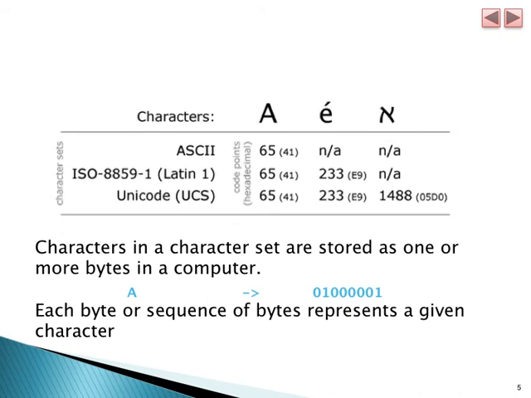So a character set takes one or more bytes. In ASCII, for example, uppercase A is 65. It's 0, 1, 0, 0, 0, 0, 0, 1, because that's 64 plus 1. And ASCII was a 7-bit code.